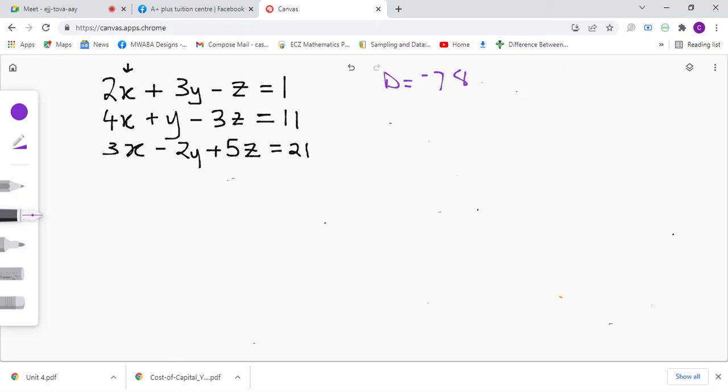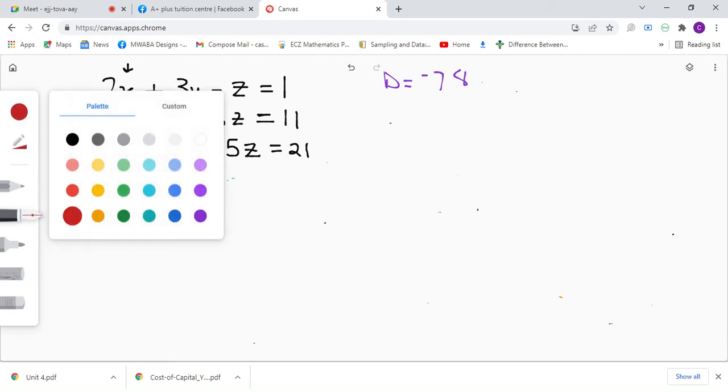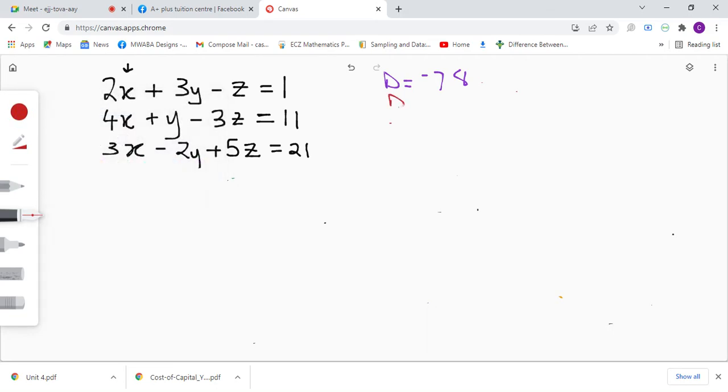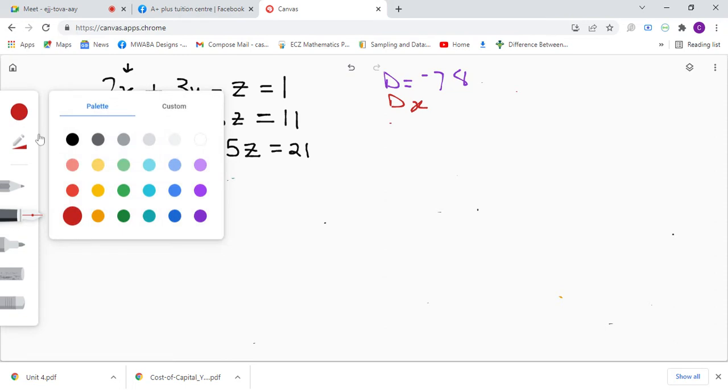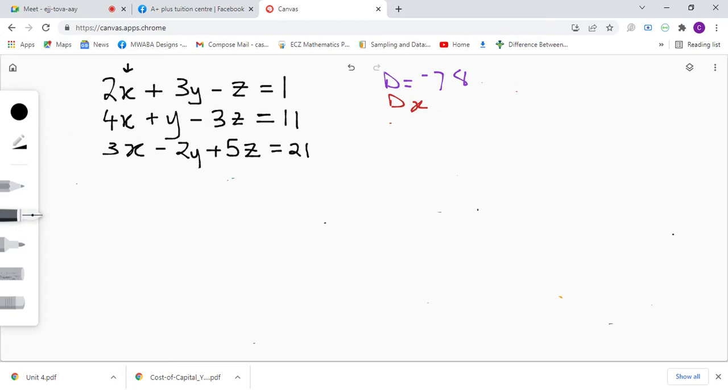All right, so the next thing is, now we found our determinant, which is d. So step 2, now we're going to find the value of dx, okay? Dx. So what's going to happen is we're going to write the matrix of dx. So we say dx equals.